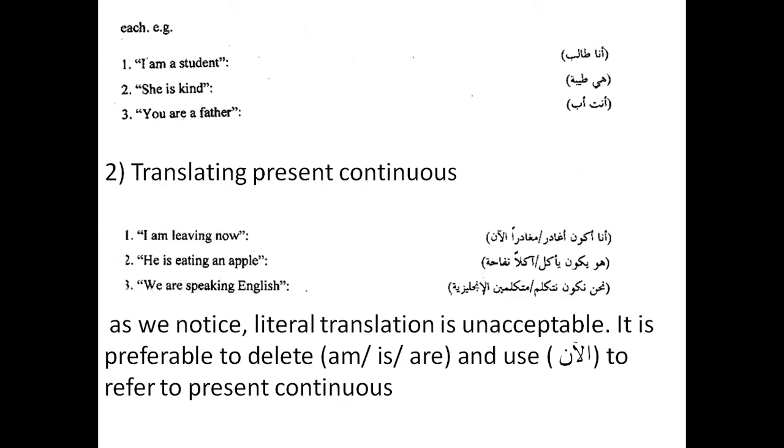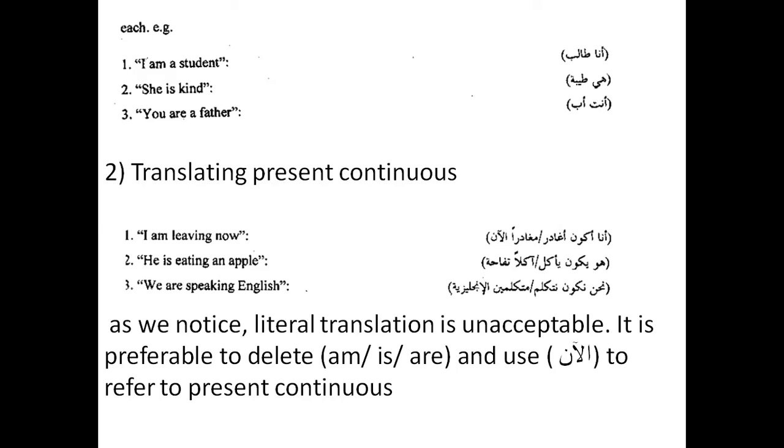The second one is translating present continuous. Actually, the present continuous consists of am, is, are and verb plus ing. As you see, "I am leaving now." Look at this sentence: am plus the verb leave plus ing, leaving. The word-for-word rendition: أنا أكون أغادر الآن.